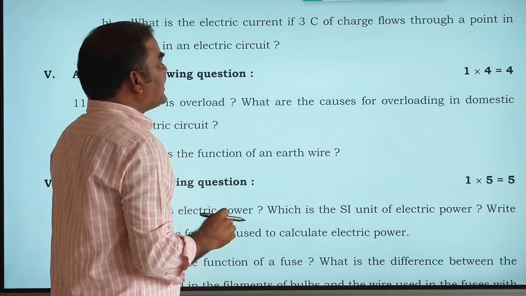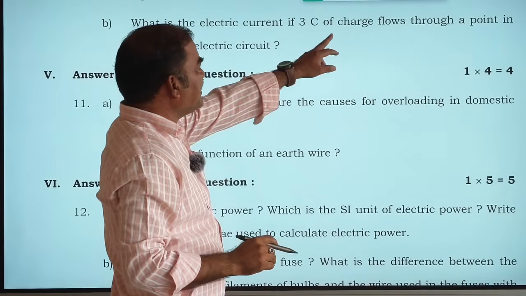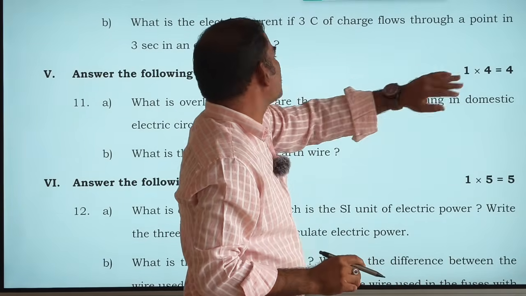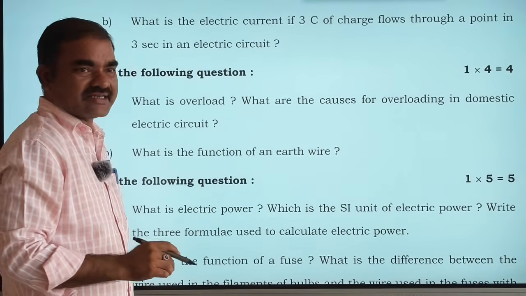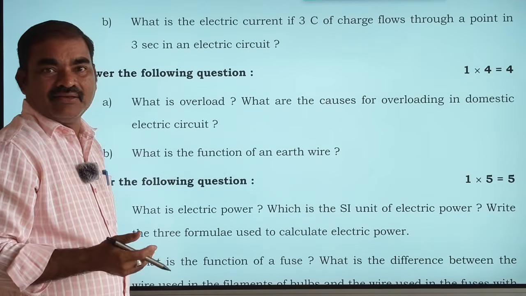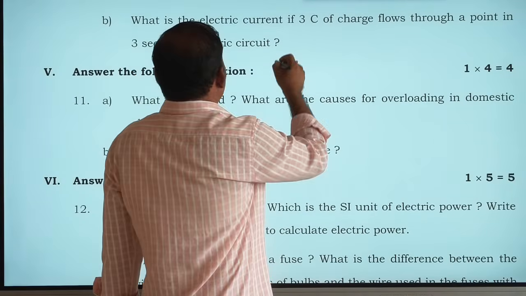Next, what is the electric current if 3 C of charge flows through a point in 3 seconds? Again we are going to find the electric current here.